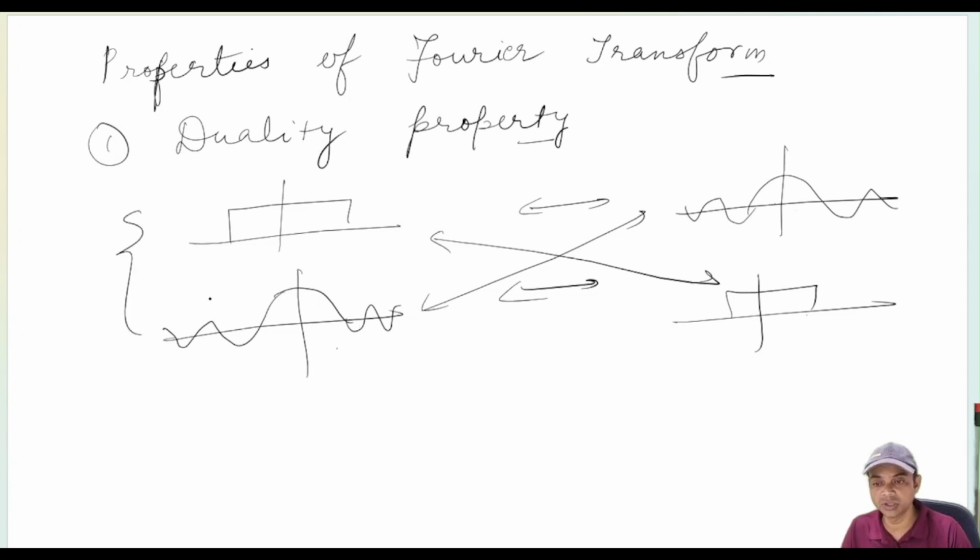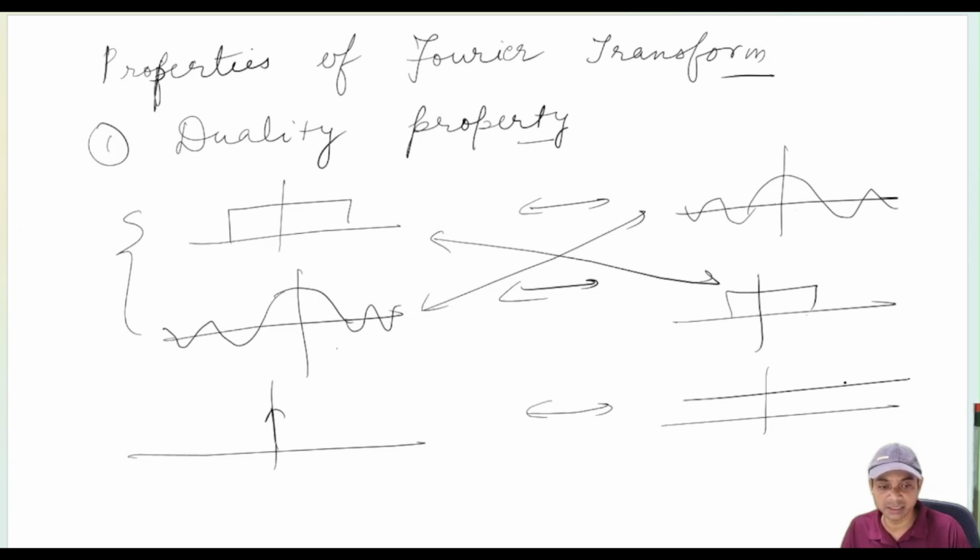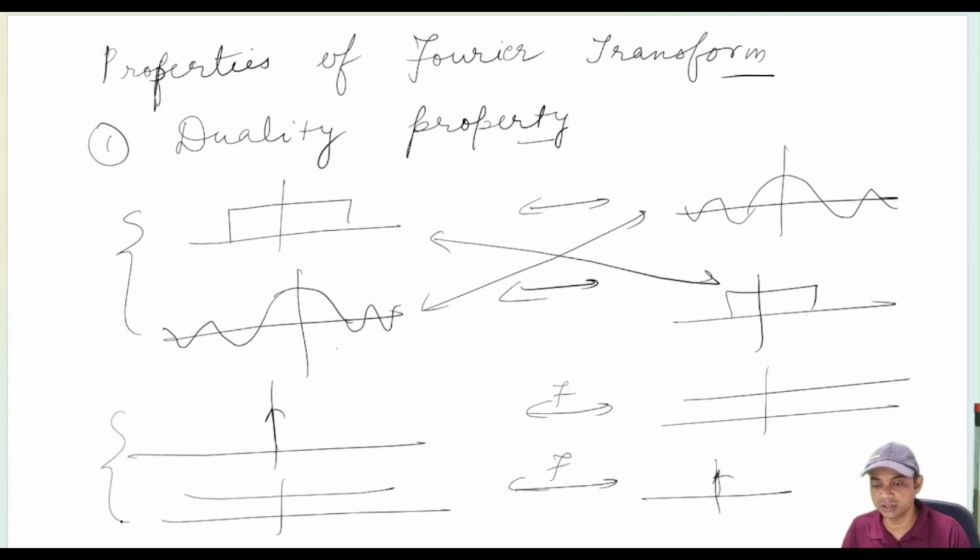This is called the duality property. Similarly, if there is an impulse signal in the time domain, then what will be in the frequency domain? There is an infinite step signal. And the Fourier transform of the infinite step signal is the impulse signal. This is called the duality property.